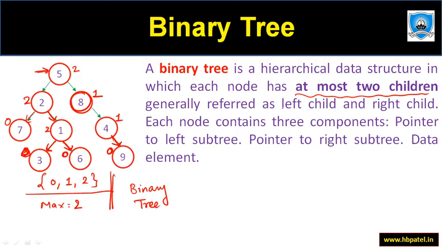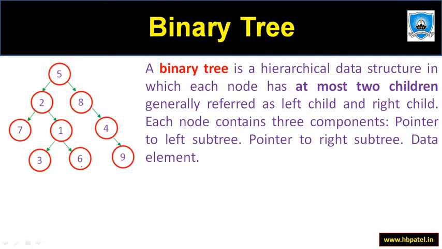The condition is that it's a hierarchical data structure where each node has at most 2 children. The leftmost child we will refer to as the left child, and the right one we will refer to as the right child.